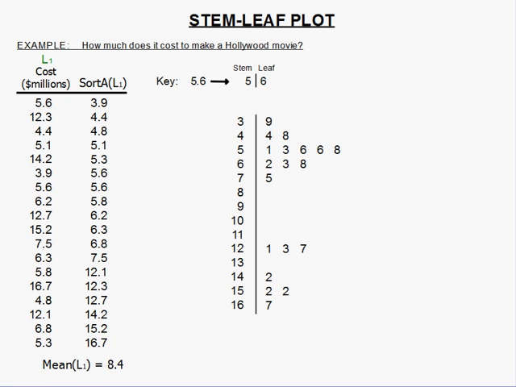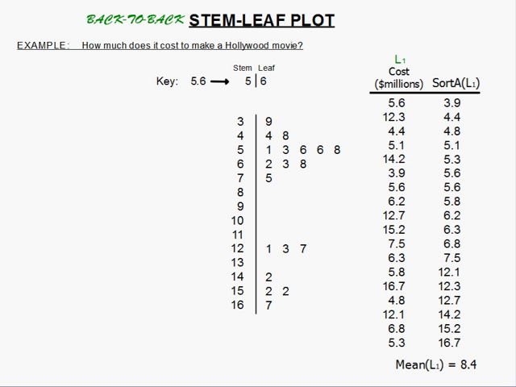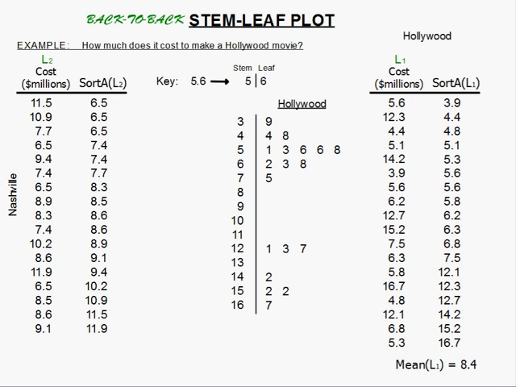Now the next stem leaf variation is the back-to-back stem leaf plot. This is if you have 2 data sets. I'm going to move Hollywood over to the right and label it. Maybe there's a competitor to Hollywood. Over here, Nashville is trying to get into the movie business.